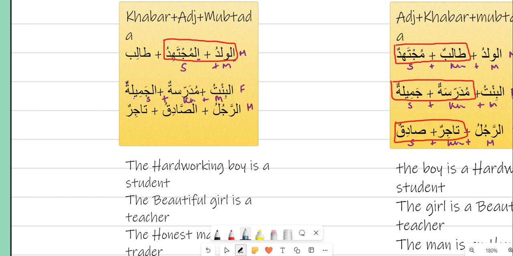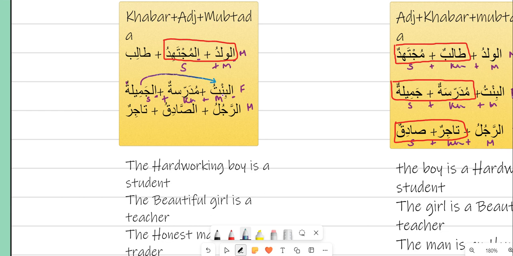But this is marifa, this is not marifa. What is marifa here? The mubtada is marifa, so this one is matching with bint. Al-jamilatu is matching with bint. Bint is a feminine noun by meaning, remember. So al-jamilatu is matching al-bint.